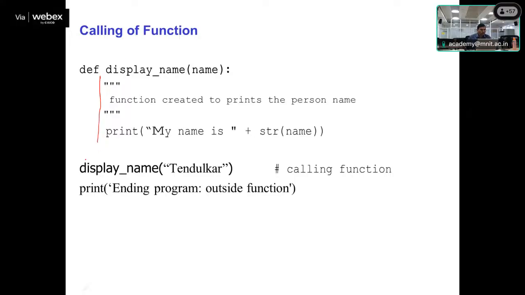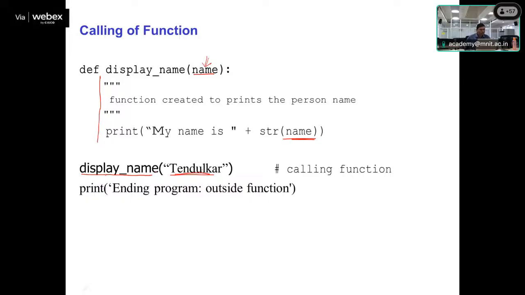How can we call it? We have to use the name of the function, display name, and this function takes some argument, so we should give some argument here. Since this name is the name of a person, it will always be a string type value, so we are giving here the value Tendulkar as an argument. This Tendulkar is given to this name variable, and that name is going to be used inside the display name function.